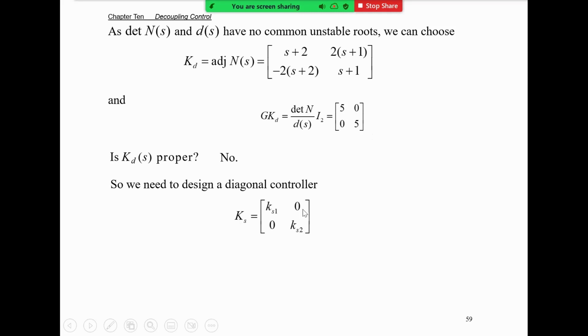Not only a stabilizer, we also try to make KD proper, because this KD is just a polynomial with a degree of 1. So if you design your KS as a controller with first order degree, it will make it proper.